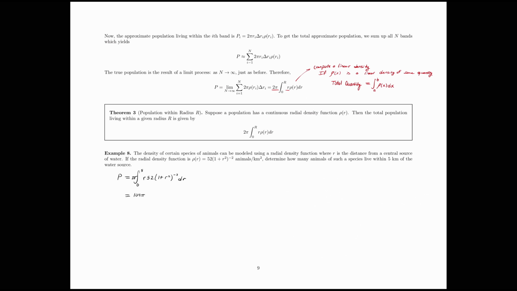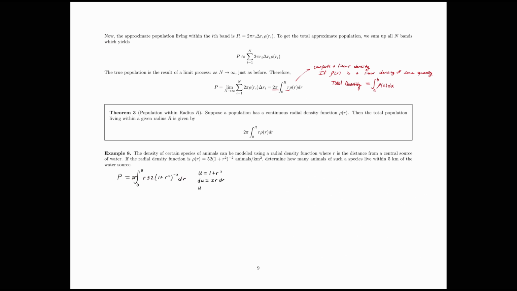And then I can do a u substitution on 1 plus r squared to get 2r dr. In fact, I won't multiply the 52 by 2, because we're going to take this 2 and this r dr to form our du. So we'll just bring the 52 out with the pi, since the 2 is going to go away.